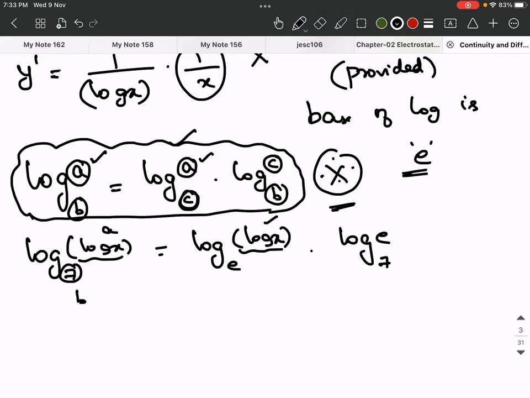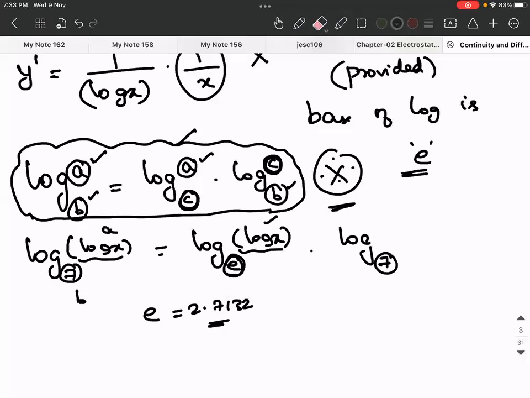In the place of c, I'm replacing it with e. E is that exponential value, 2.7132. Into log, in the place of c, what should I again write? The same thing which I wrote here. I should write e only. Base 7. Why is the 7 coming? Because in the place of b, I have 7.